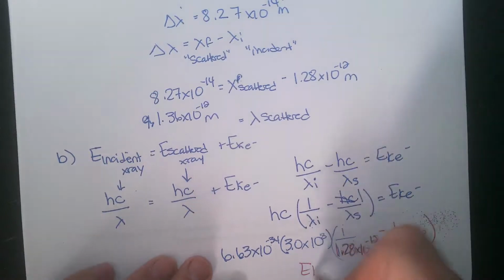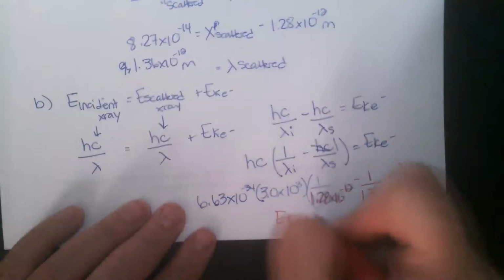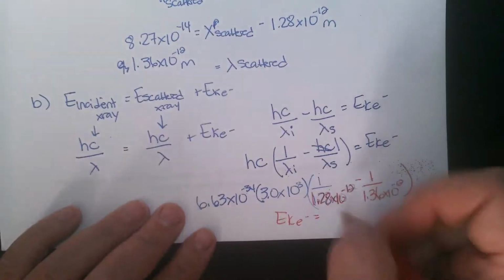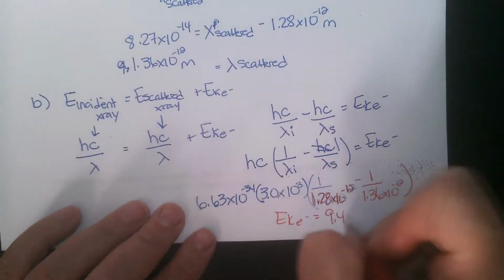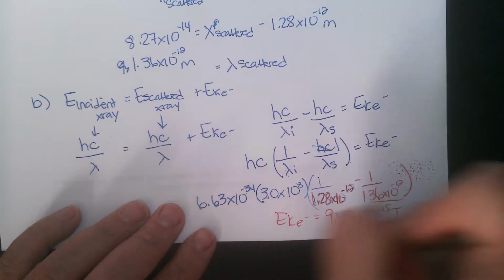And for the kinetic energy of my electron, I should be getting 9.43 times 10 to the negative 15 joules.